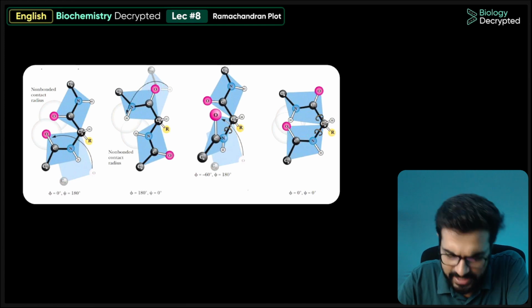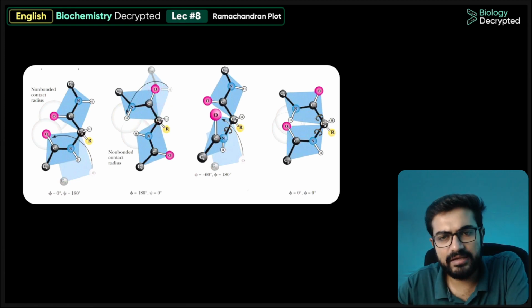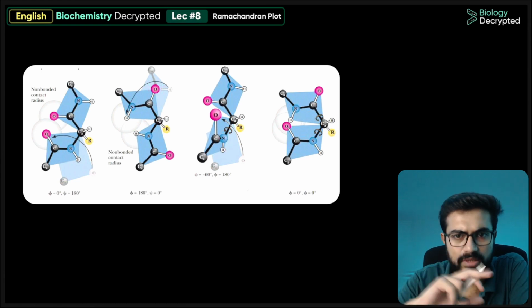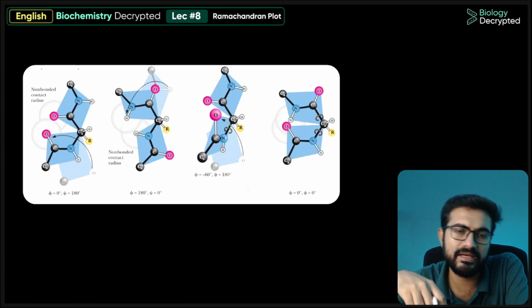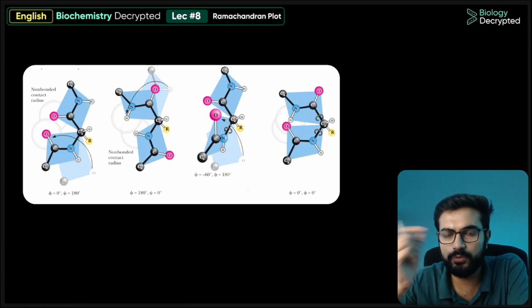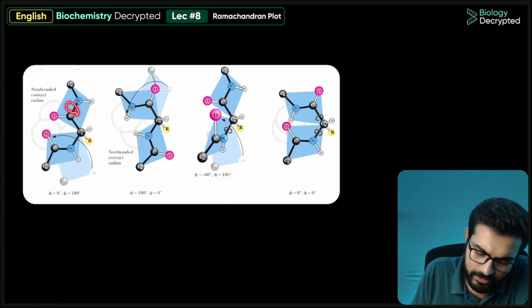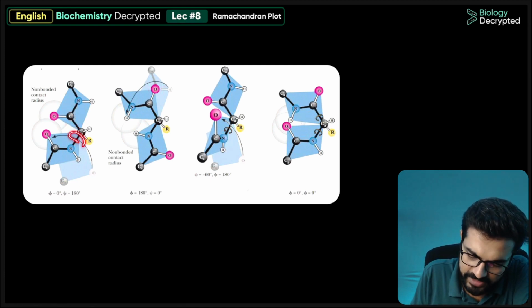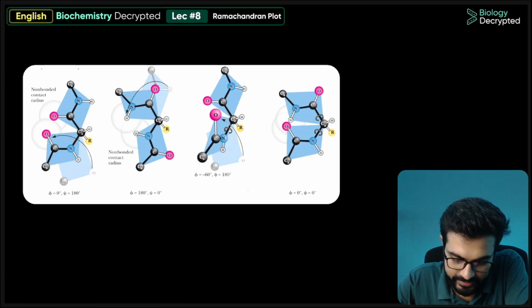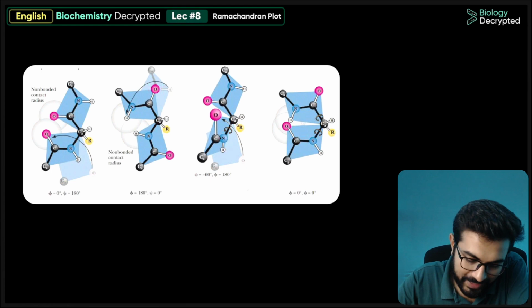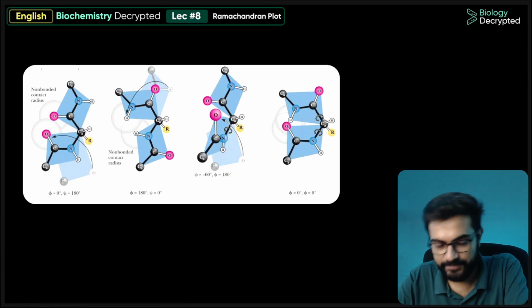So what you can say is, since there are 2 degrees of freedom, and these angles can rotate actually from 0 degree to 180 degree and then again back to 0 degree, so that is 360 degree. Although we define it as minus 180 to plus 180, but I already told you this actually spans 360 degree. There are 2 degrees of freedom. This shows full freedom theoretically. If you talk about practical conformations, only few are favorable.